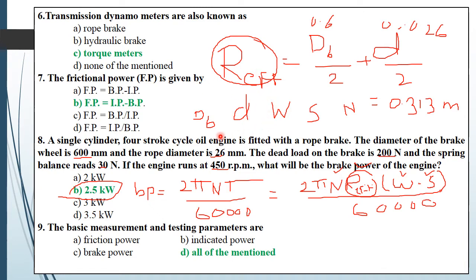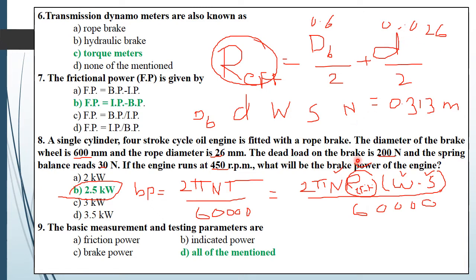So first, identify the given data. dB stands for the brake wheel diameter, 600 mm. We have to convert it into meters, so it becomes 0.6 meter. Then small d represents the rope diameter, 26 mm, converted into meters, 0.026 meter.